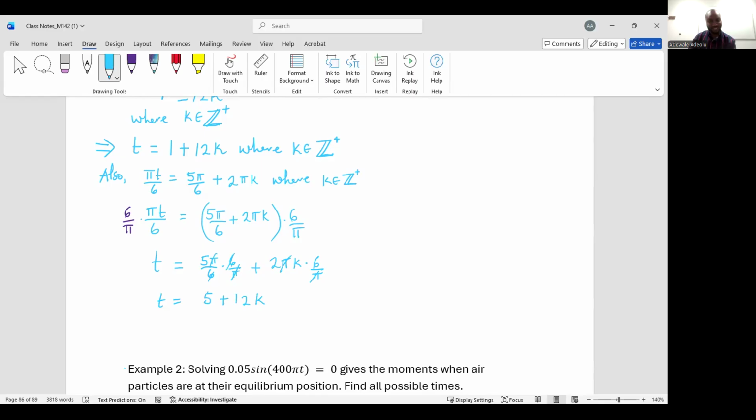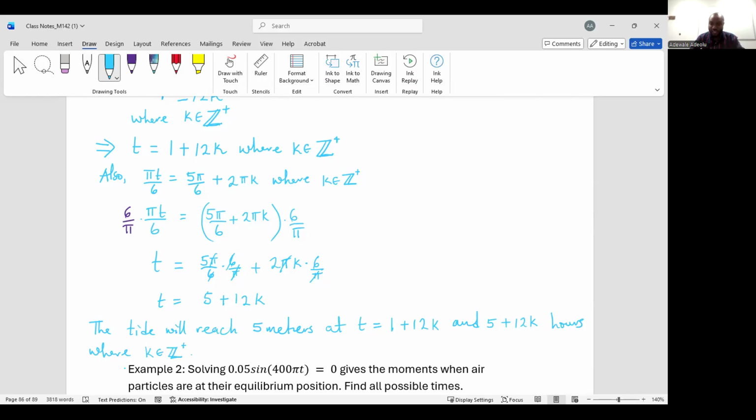So what we can say here is that the tide will reach 5 meters at t equals 1 plus 12k and 5 plus 12k, where k belongs to the set of positive integers, including 0.